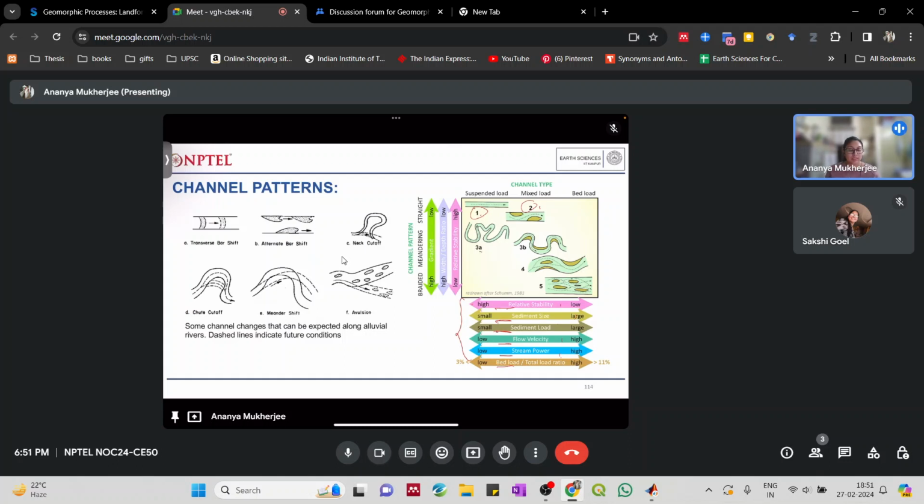You can see that the most basic channel pattern which we start with is the straight kind of channel, and then slowly with time, as the erosion increases and the sediment is carried by the river, it will start depositing at certain places. So you can see how the river tries to follow a sinuous path, but the channel itself, the cross section, does not become meandering or sinuous in nature yet.